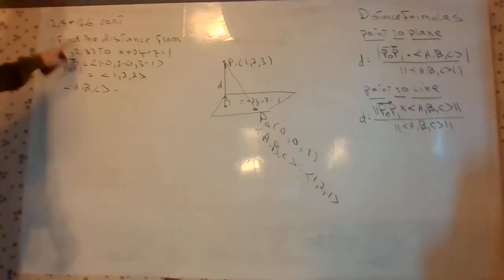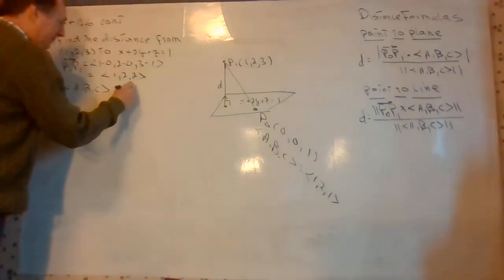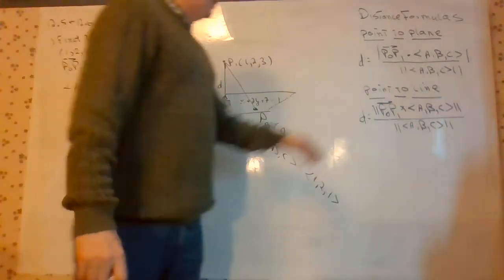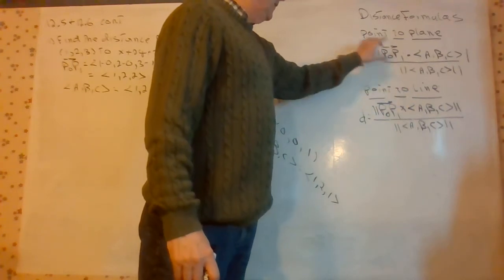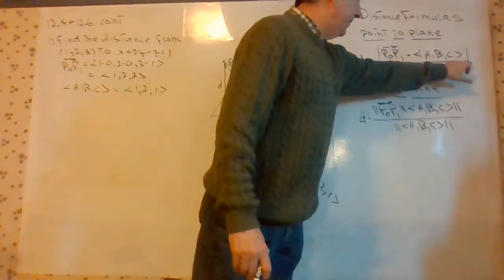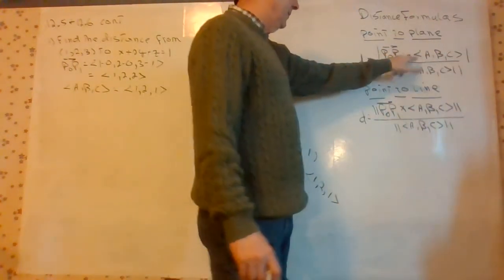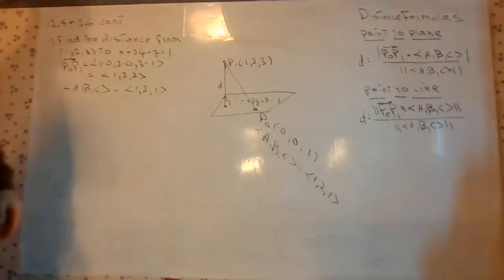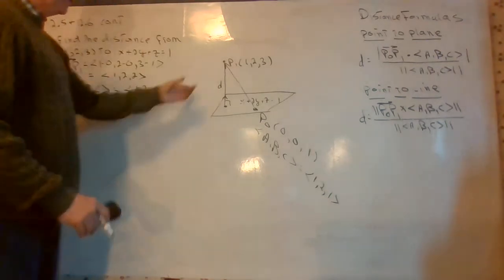It's good to write it over here where our work is. 1, 2, 1. Now we have to calculate a dot product. This, by the way, is absolute value, not magnitude, because the dot product gives us a scalar. It's just possible this could come out negative, depending on how our vectors are configured here.